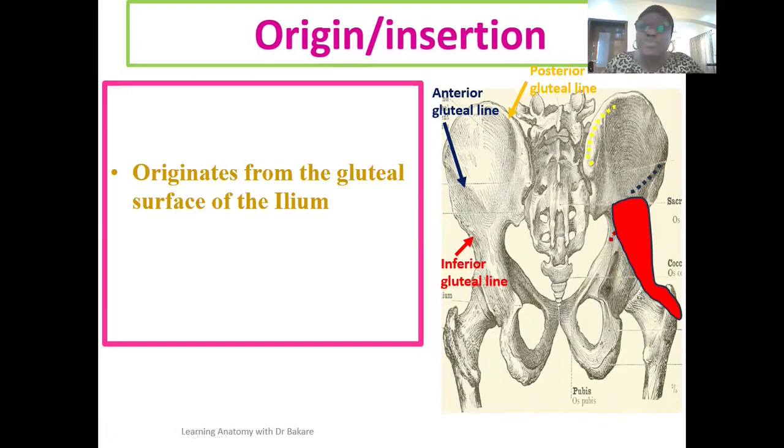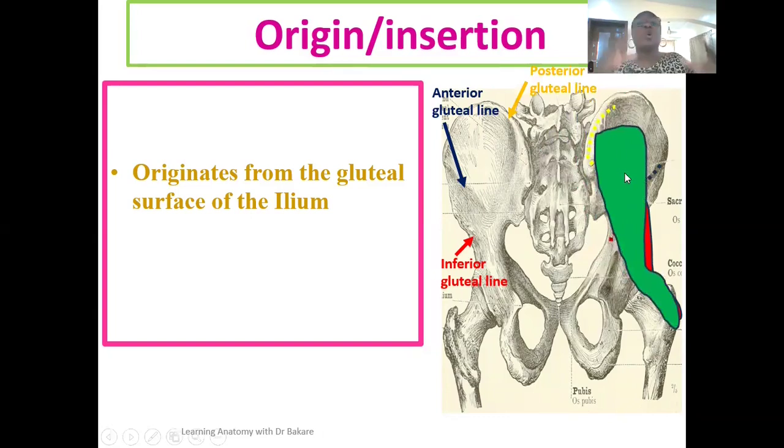So if you move on to the gluteus medius that we are focusing on in this lecture, this is where we have the origin of the gluteus medius. You see that the fibers of the gluteus medius originate between the anterior and the posterior gluteal line. If you want to look into the details, it originates from the gluteal or the posterior surface of the ilium.